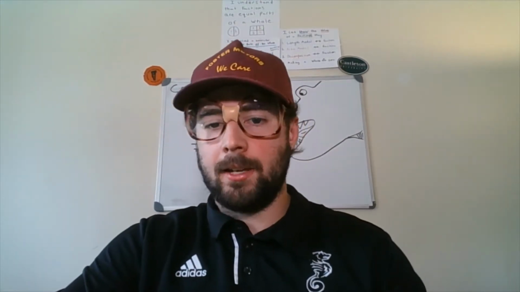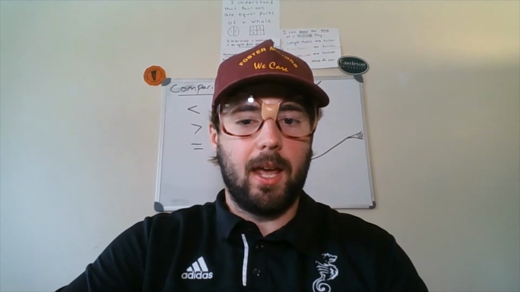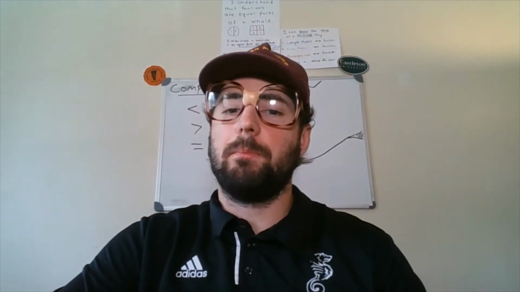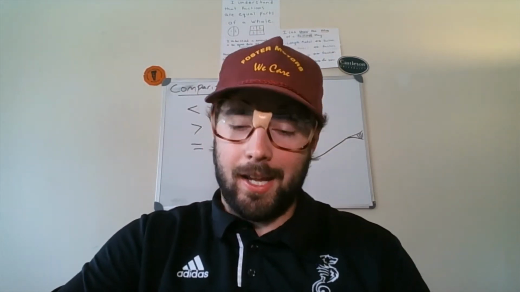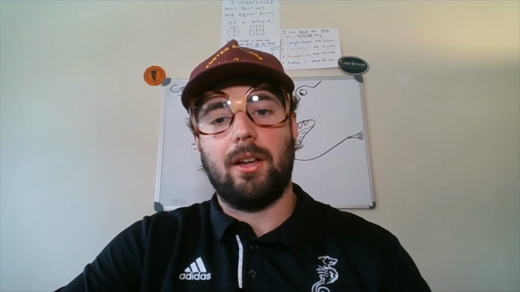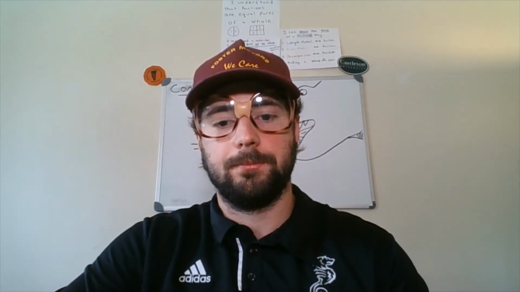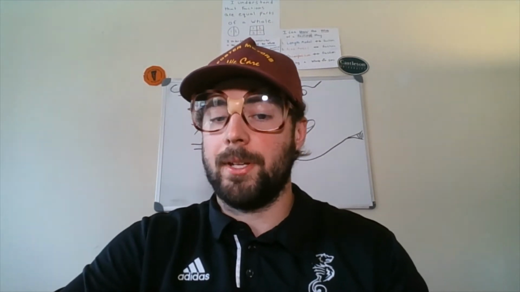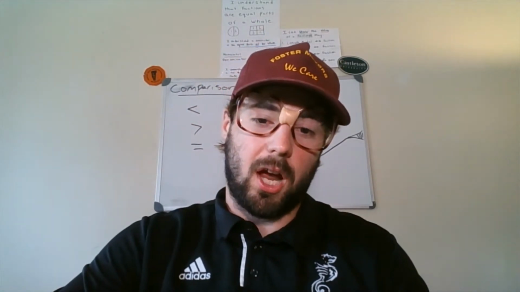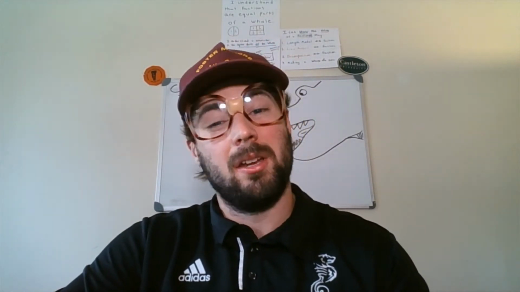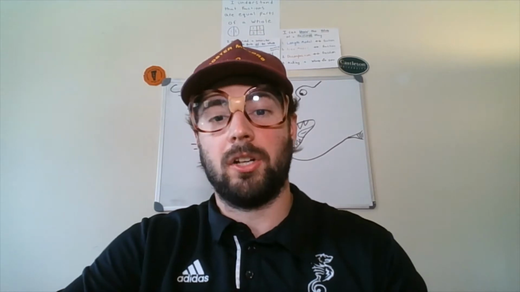Alright, so once again, using some comparison today as a way to help us further understand the value of a fraction. This will really end up helping us for when we start using those operations and things start getting a little crazy. Our learning target today.